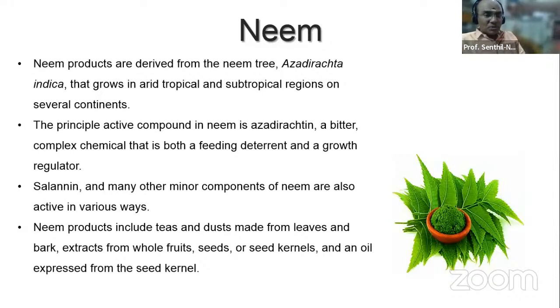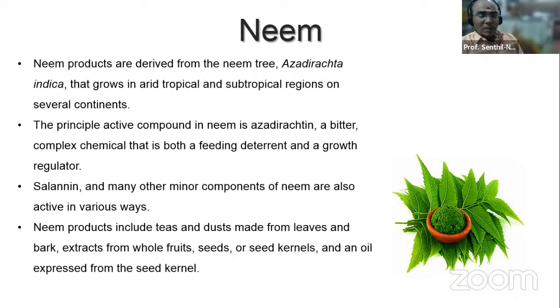So neem produce, technically known as Azadirachta indica, is derived from the neem tree that grows in tropical and subtropical regions, originated from the Indian subcontinent. Even though several countries had a patent for that particular plant, we overcame the problem and fought against that patent. Now we have revoked all the patents obtained on the neem plant. So we are free to do great research on the neem plant.